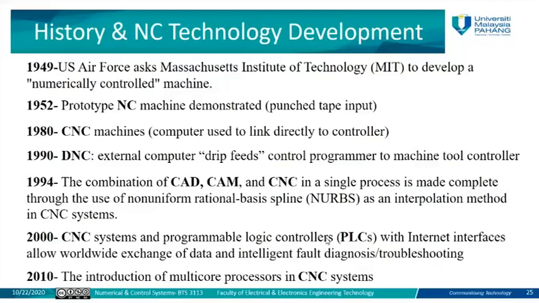As you know, each technology that exists in our world started maybe 15 years, 50 years, 60 years, 100 years before, then it improved and was enhanced. The first time they started to invent numerical control was in 1949, when the US Air Force asked the MIT institute to develop a numerically controlled machine.